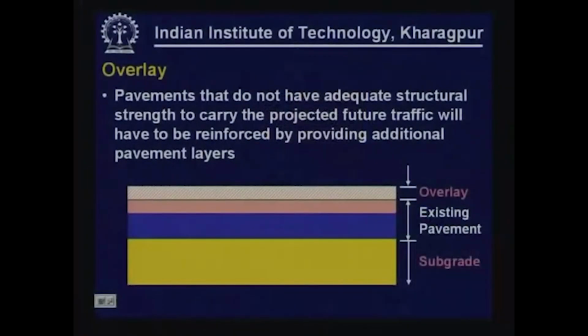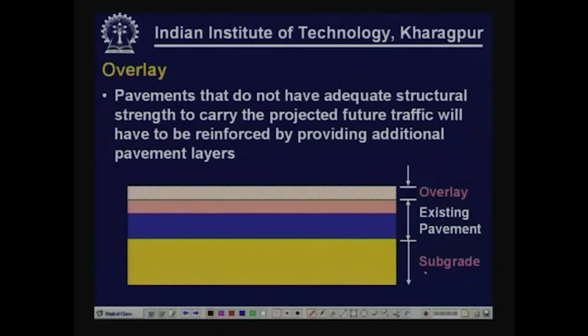The pavements that do not have adequate structural strength will have to be reinforced by providing additional pavement layers. As you can see in this diagram, we have an existing pavement placed over a subgrade of given strength. This is the existing pavement, say it consists of 2 layers, it can be 3 layers or 4 layers also.